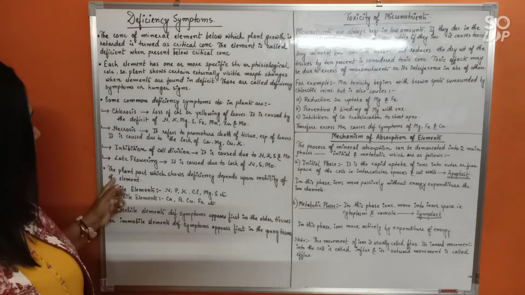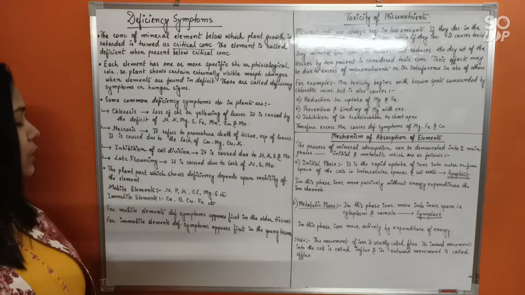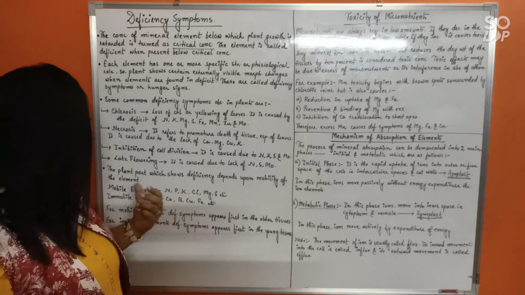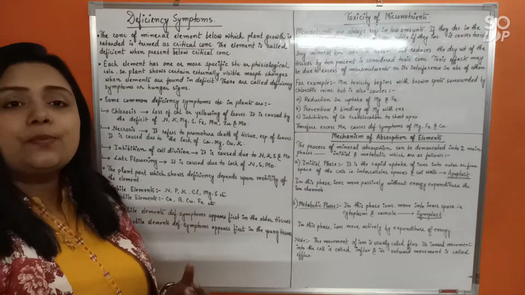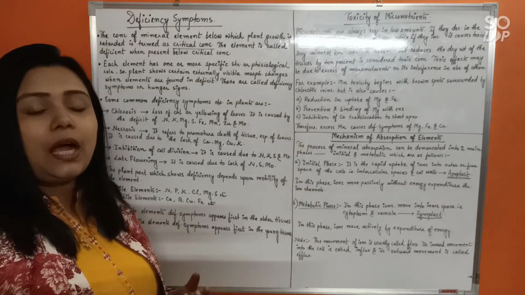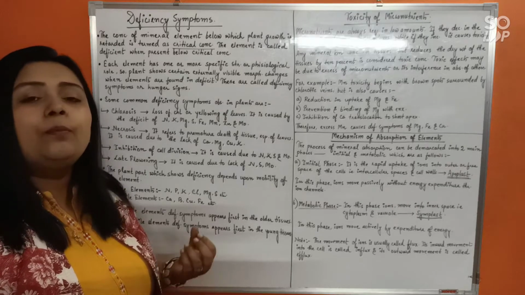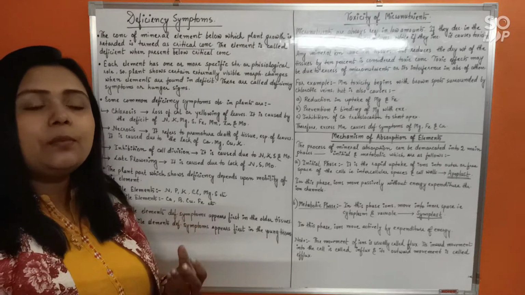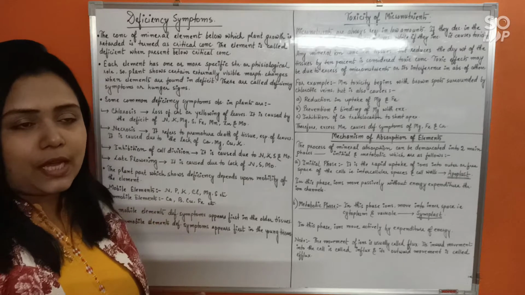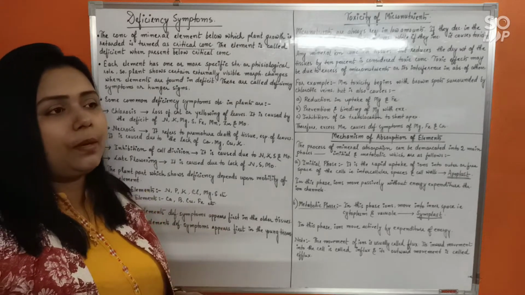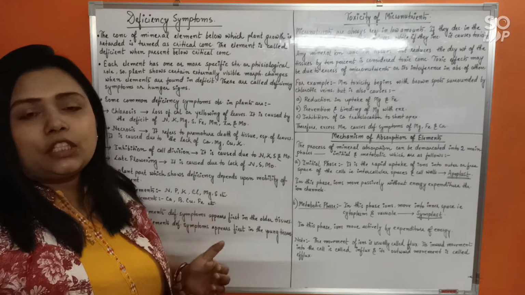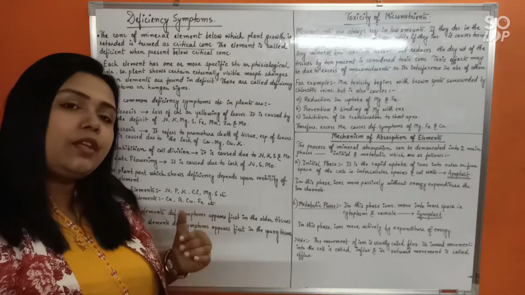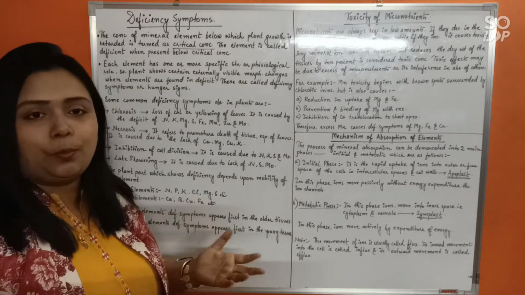Now, see, the plant parts which show the deficiency symptoms also depend on the mobility of the element. In the transport in plants chapter, I have told you a little bit regarding mobility of the elements. Once the minerals are taken up in the xylem and transported within the plant body, certain of the minerals are continuously remobilized from the old part to the new part.